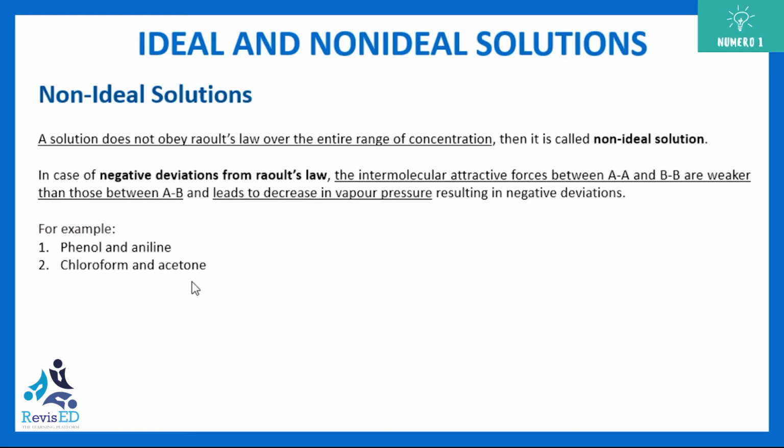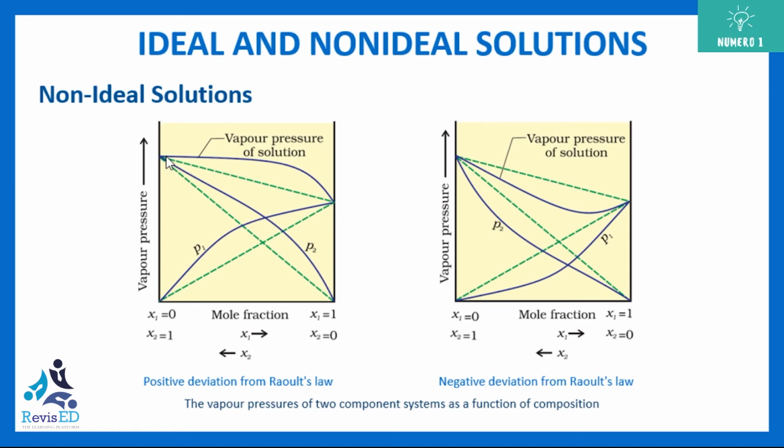Now just to show the graph of this deviation is this one. The green line here represents the ideal behavior. Okay, this is the one that is predicted from Raoult's law. So if you see here, the vapor pressure of the solution is higher. So this behavior is telling us it's a positive deviation. When the vapor pressure of the solution is higher than the predicted value, it is a positive deviation.